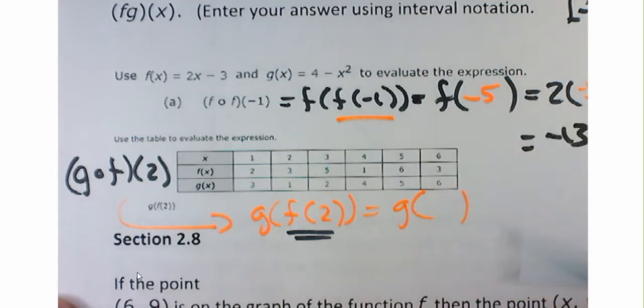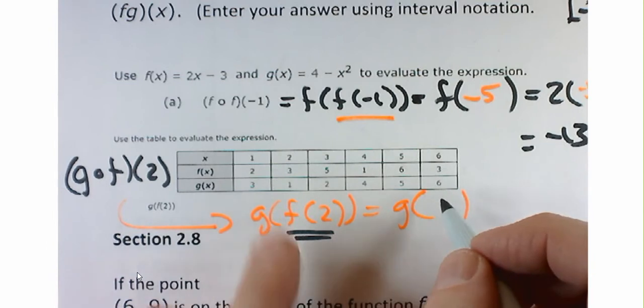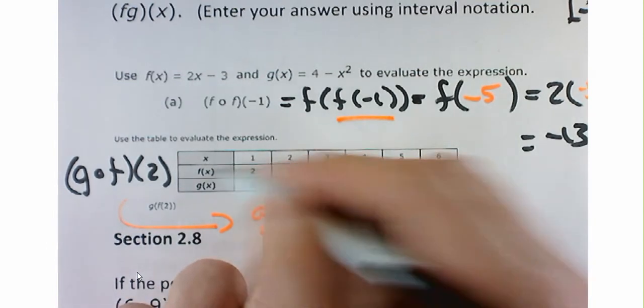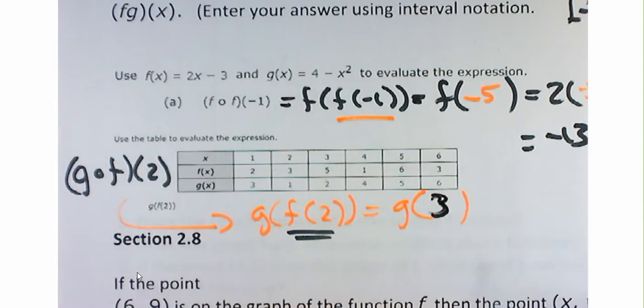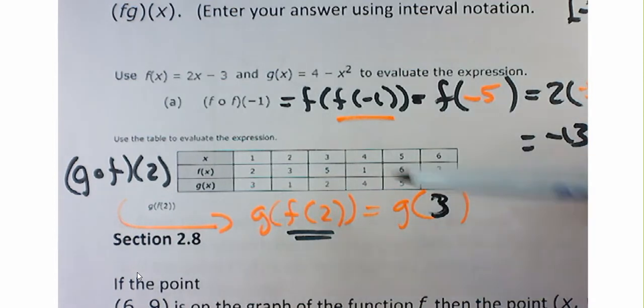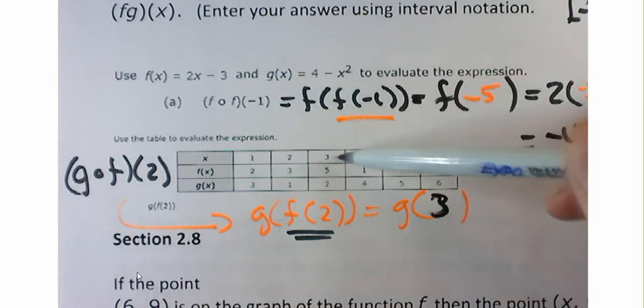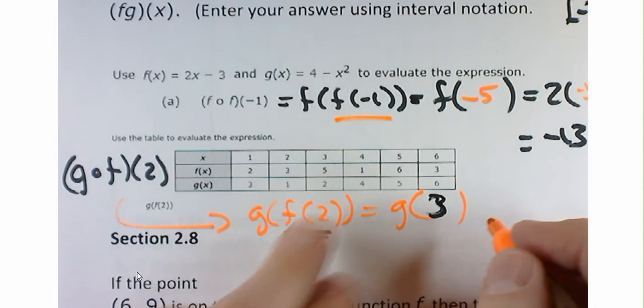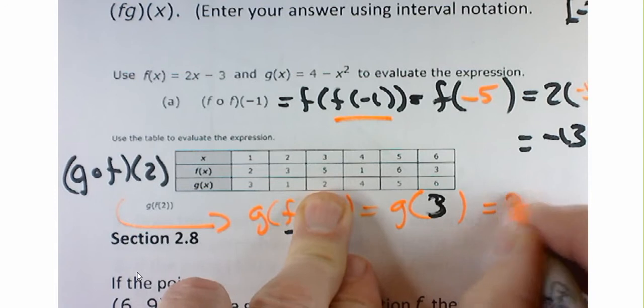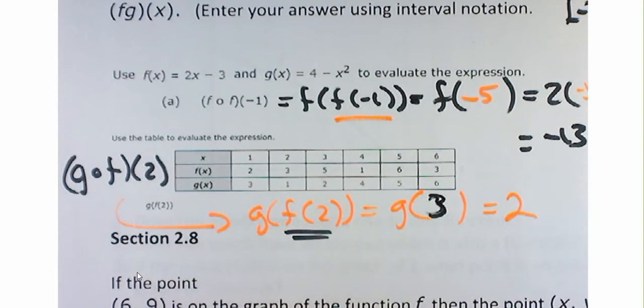What's f of 2? That would be 3. Thank you. So now I got to go to the function and figure out what g of 3 is. So here's your x value. X is 3. What's g of 3 going to equal? G of 3 would equal 2. And you're done. That's literally all there is to that one.